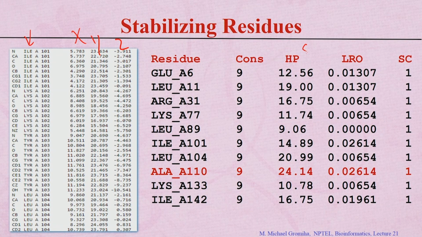Here we give the positions of different types of amino acid residues. This is the conservation score, and here we have the hydrophobicity values obtained from PDB param, and LRO, which you can also obtain from PDB param. Finally, the stabilization center is 1 or 0. If the residue is involved in the stabilization center, it is 1; if it is not involved, it is 0. So we have the values.